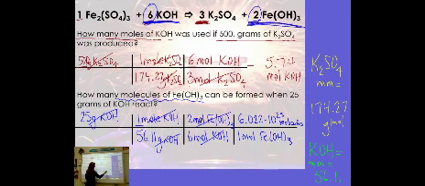Moles of FeOH3 cancel with moles of FeOH3, and my final answer is 8.9 times 10 to the 22nd molecules of FeOH3.